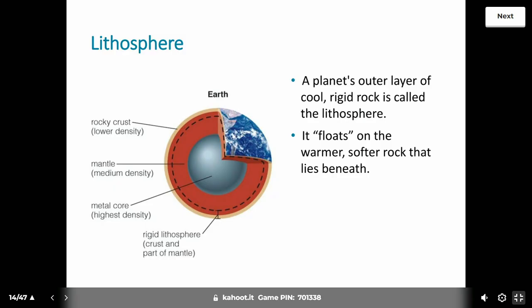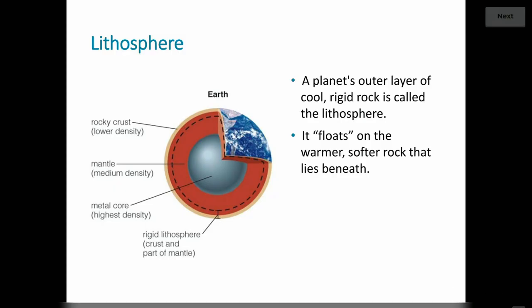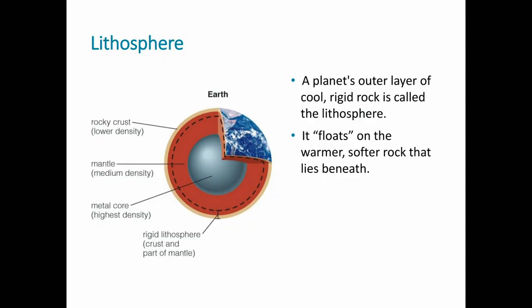So the lithosphere is this outer region of the Earth that includes a little bit of the mantle and then the rocky crust. And you can think of it as floating on the material underneath of it. So again, the mantle is not really a liquid, it's still a solid, it's just kind of in between a solid and a liquid, if you want to think about it that way.